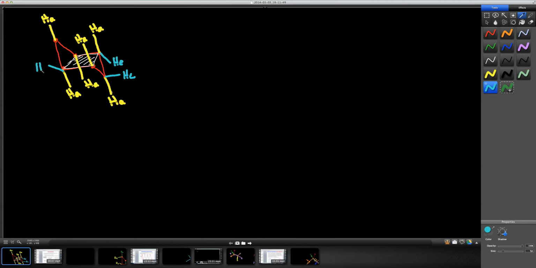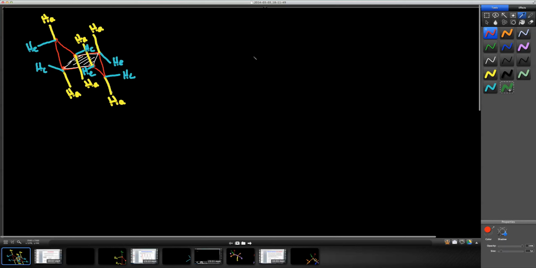This bond is parallel to this bond. This bond is parallel to this bond. And there's a couple that are a bit more difficult to draw. And I'm going to place these like so. So 6 equatorial positions and 6 axial positions.